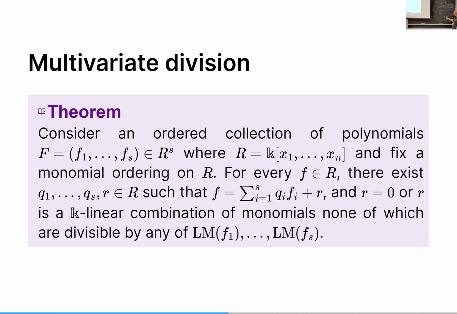Oh, sorry, I skipped ahead. This is not divisible by xy, right? But it is divisible by y squared. So I divide by y squared, a minus y survives. I multiply back, plus xy. Well, now everything goes away when I take the difference. So my remainder here is 0.